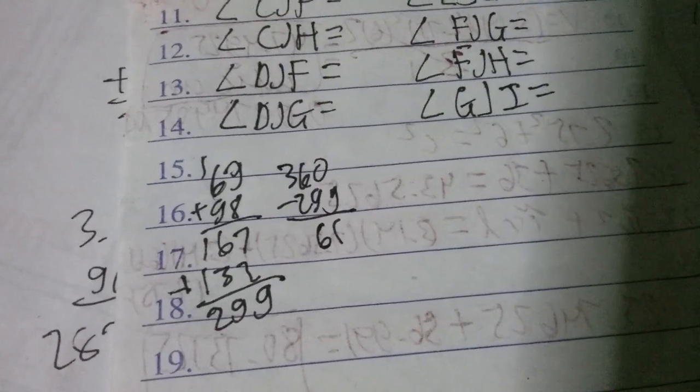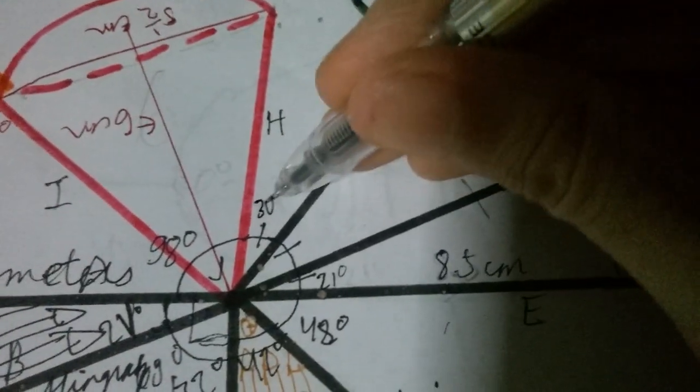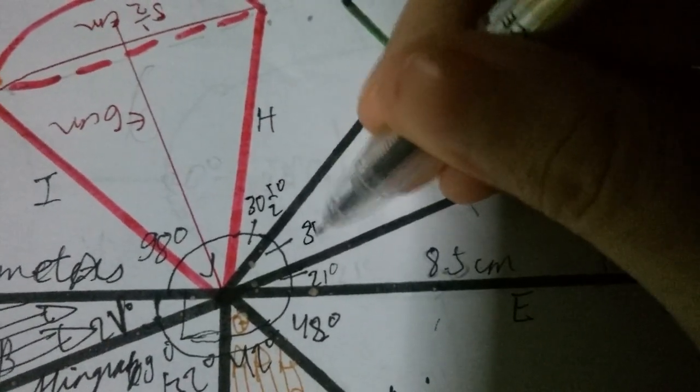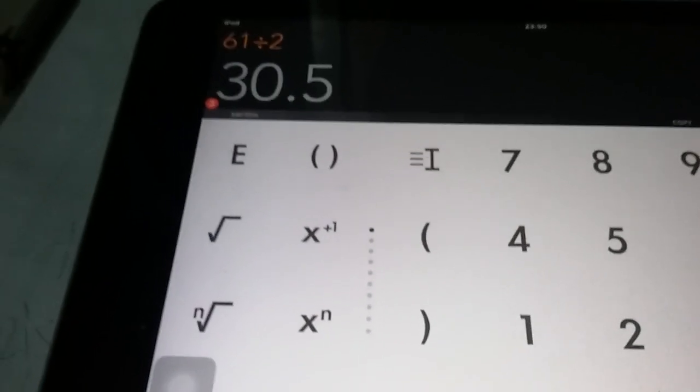So 61 degrees. Now, since there are two angles that are congruent, it's 61 divided by 2, which is equivalent to 30.5 degrees. So therefore, the remaining angle should measure 30.5 degrees. Am I right? Let's check. Yeah, we should get 30.5 degrees.